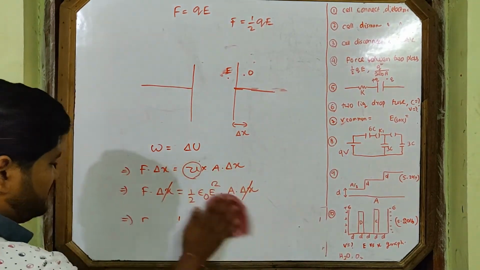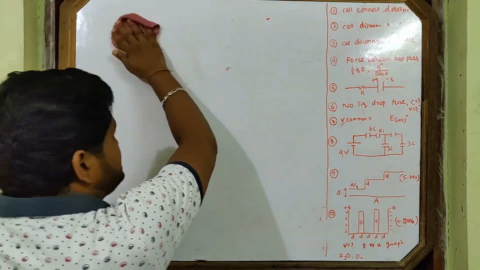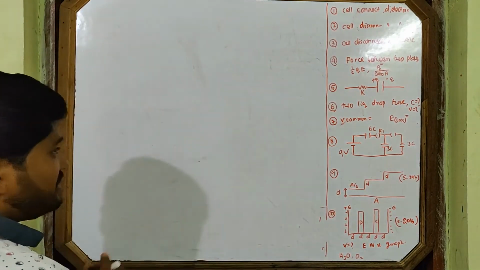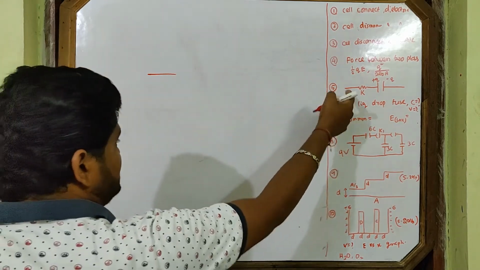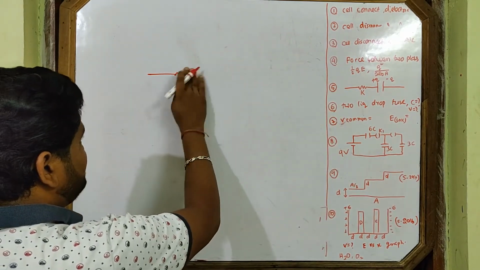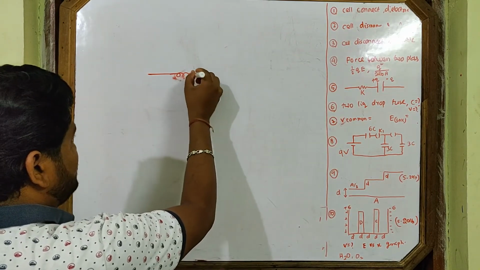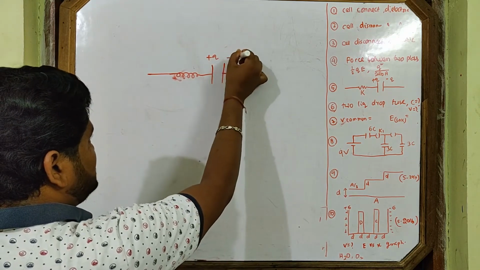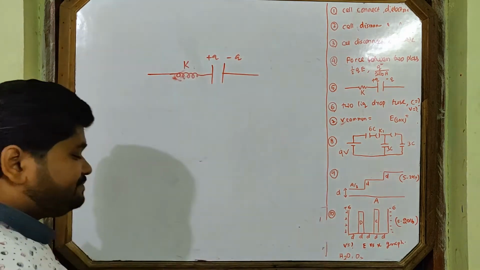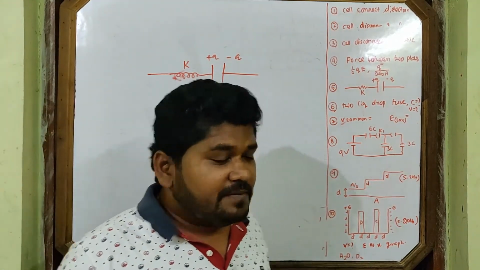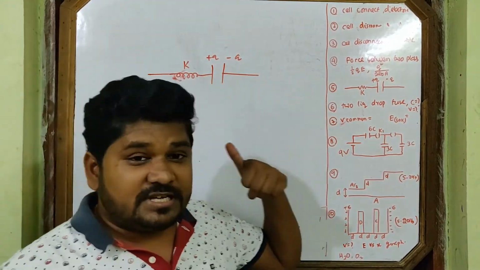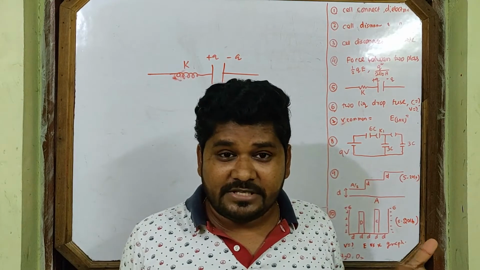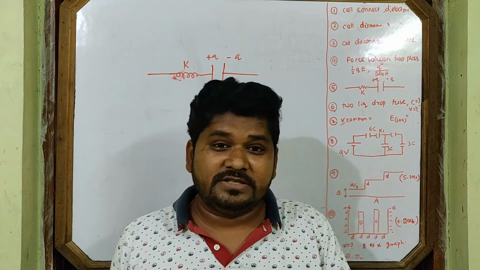Also one question may come in exams based on this force concept. You see this one, question number 5 I am discussing. This is one spring. One spring is connected. Here is one capacitor, plus Q charge, minus Q charge, spring constant K. If plus Q and minus Q charges are given to the two plates of the capacitor, what will be the extension in the spring?